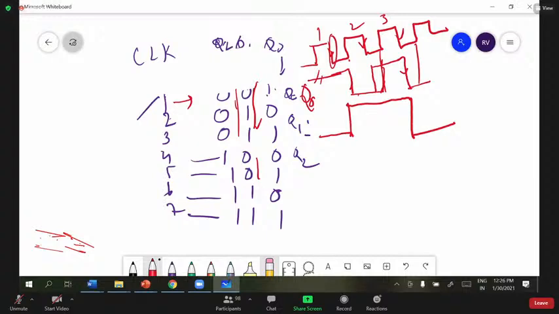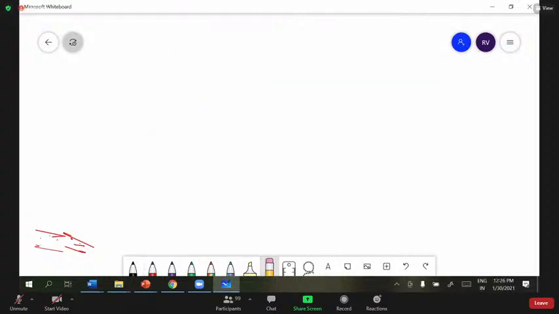Like this you can draw that, 0, 0, up to 3 clock pulses. Then immediately there will be a change. So you practice this timing diagram also for the exam. This is a compulsory question. That's why they might have kept this webinar for you people.